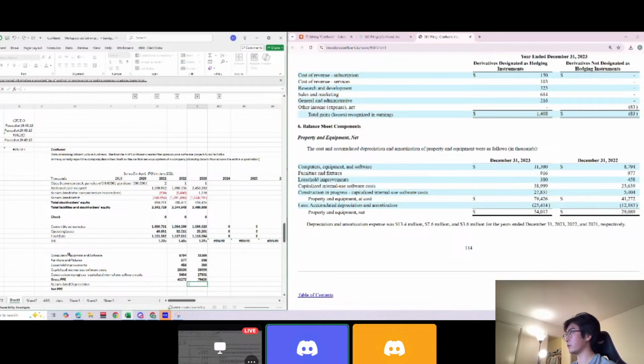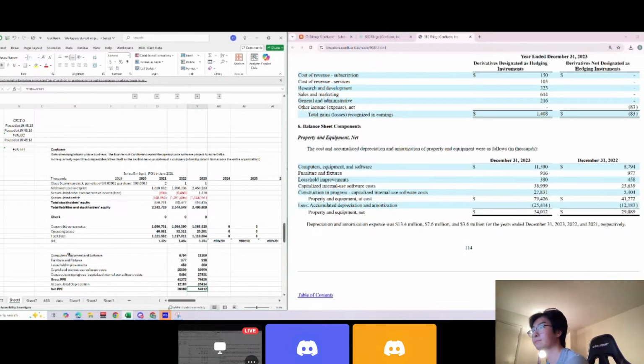So we have 2514, 12183. So 54012, which is nice. Okay. So this is kind of our net PP&E, computers, equipment, and software.